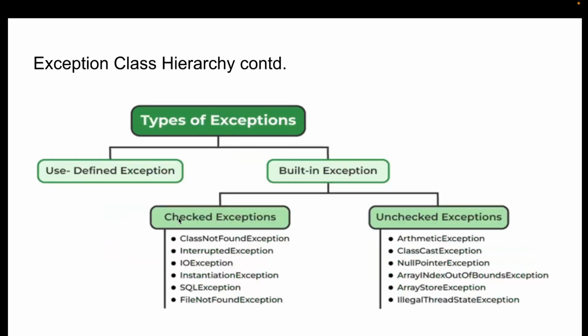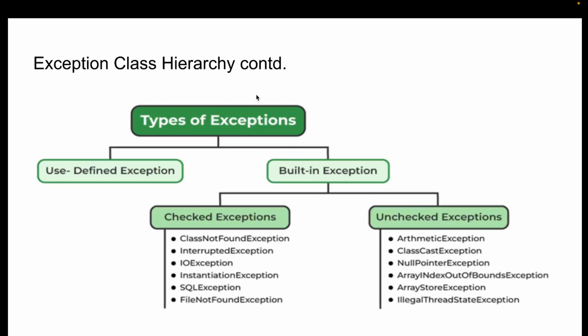Now see, further these checked exceptions and unchecked exceptions are categorized. Now see, the types of exceptions are built-in exceptions and user-defined exceptions. For these checked exceptions and unchecked exceptions, Java has provided built-in exceptions. Meaning these are already there in the library of Java. You just have to use these types of exceptions.